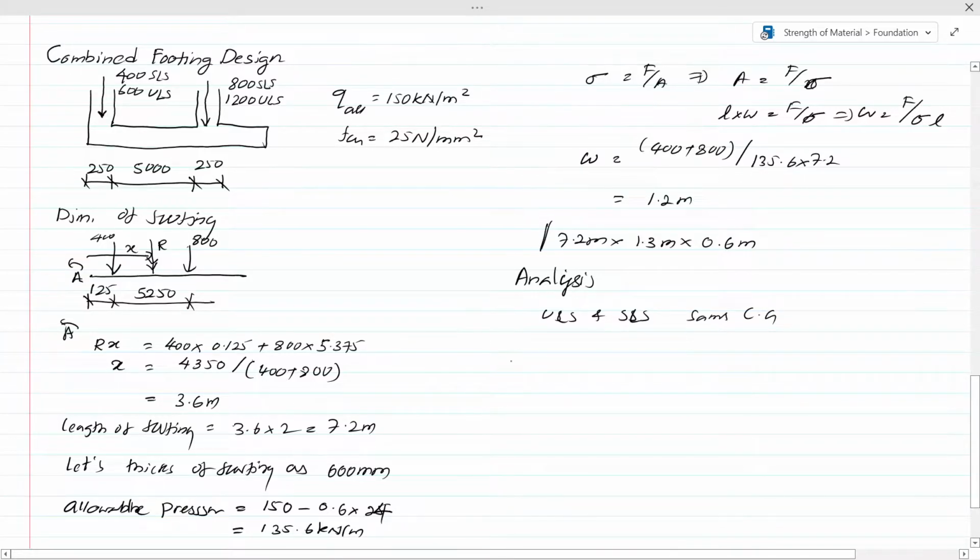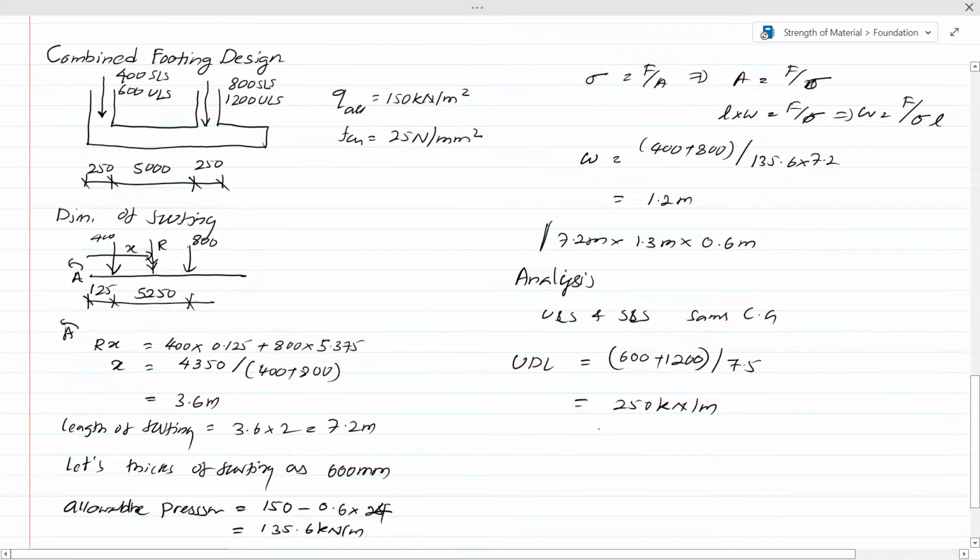Then you can calculate the UDL under the footing or under the base as 600 plus 1200, those are the ultimate loads, divided by length 7.2. From this we get 250 kilonewton per meter. This is the linear load in the footing per meter length.